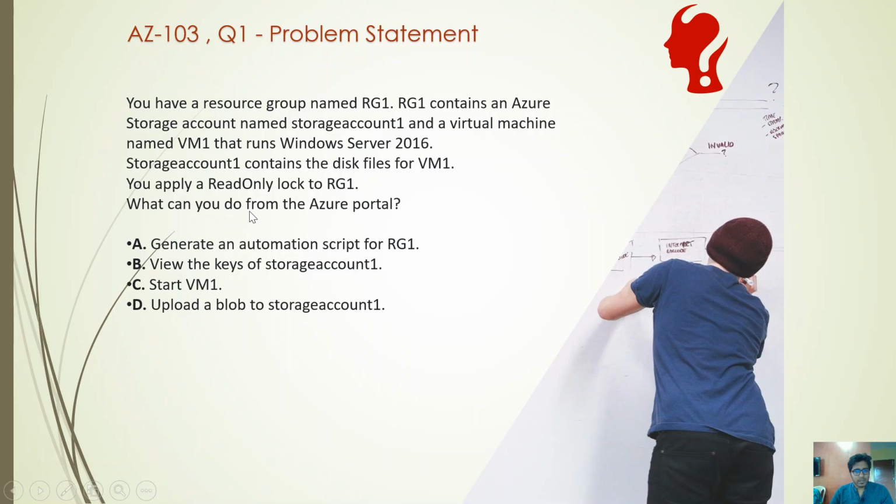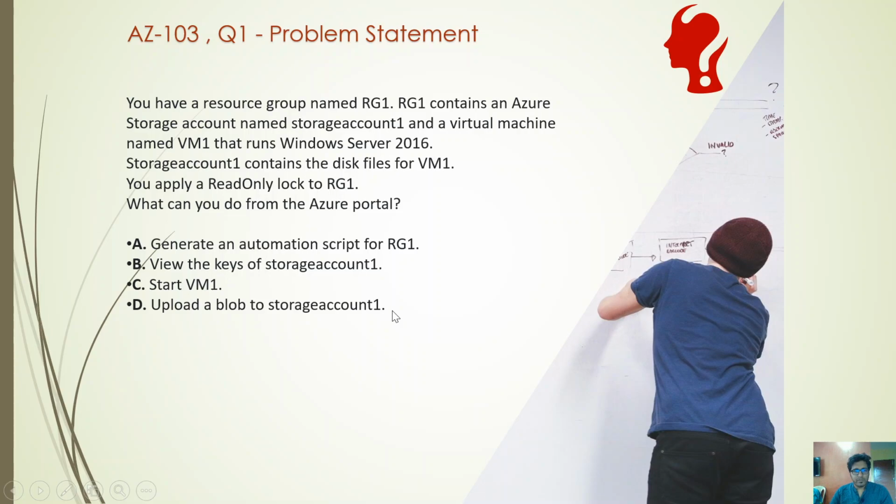On applying the read-only lock, what are the things that you can still do from the portal? The options are: A, generate an automation script for RG1; B, view the keys of storage account 1; C, start the VM1; D, upload a blob to storage account 1.